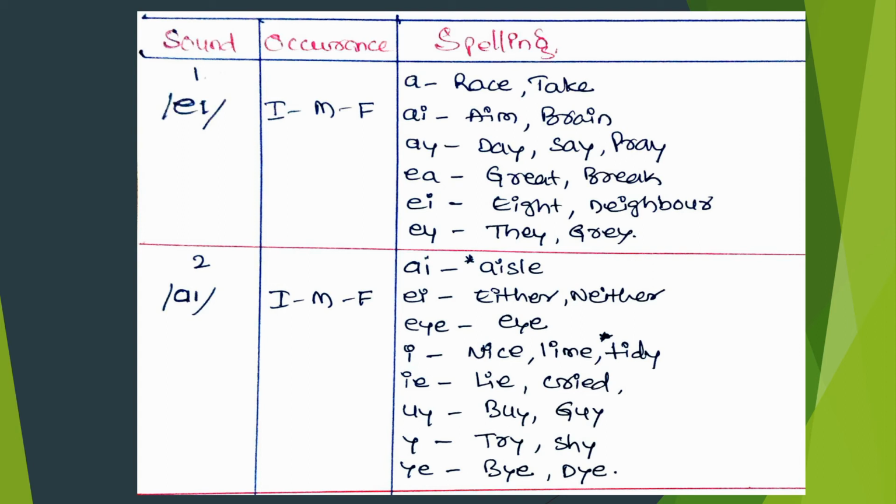From here, where are we gliding? We are gliding towards E. How can we describe E? E is a centralized front unrounded vowel just above half close. This is the description of this second element E.